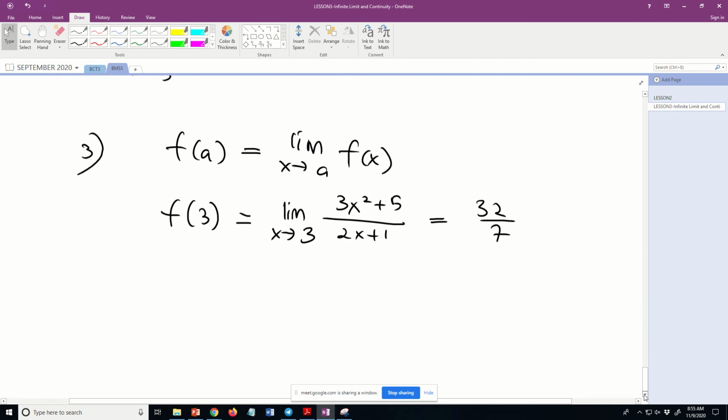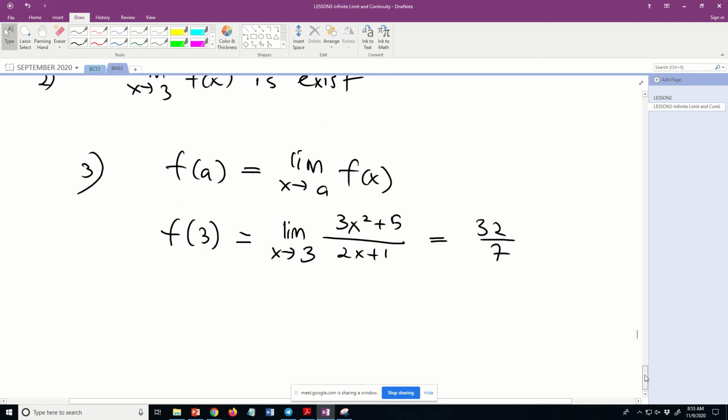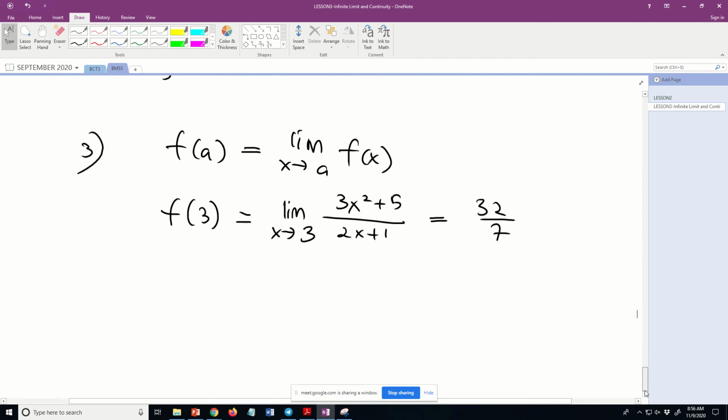So what is my conclusion? My conclusion is that the function f(x) is continuous.